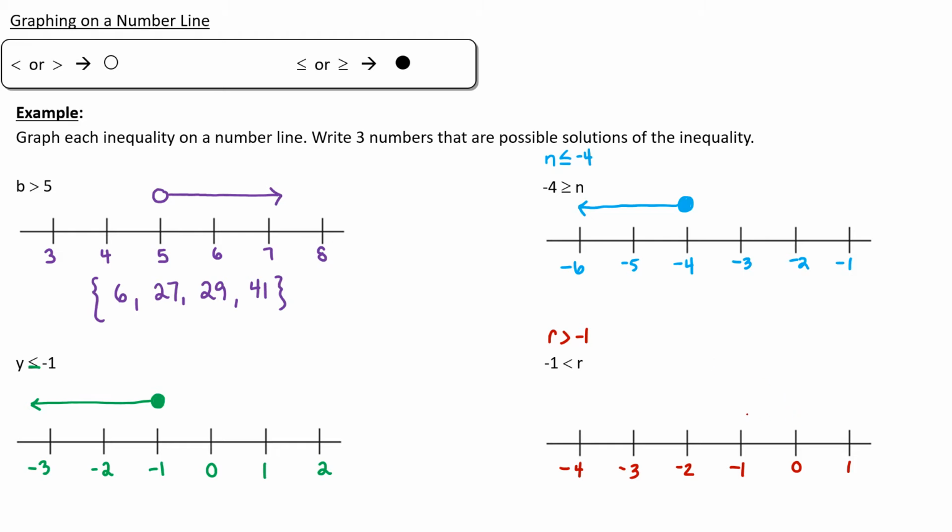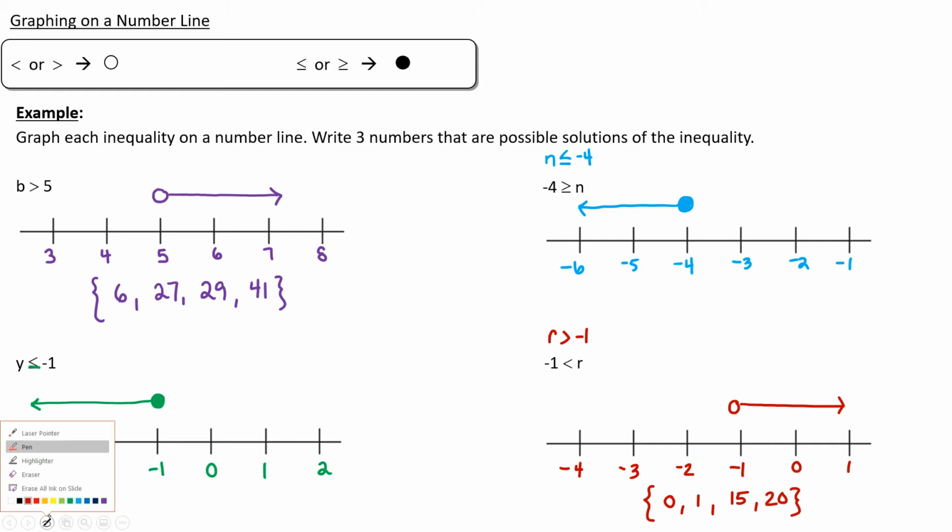I'm going to have my negative 1 right here, and it doesn't have the equal sign, so I don't fill it in. But r has to be greater than negative 1, because negative 1 was less than r. Possible numbers that fit this would be 0, 1, 15, 20.